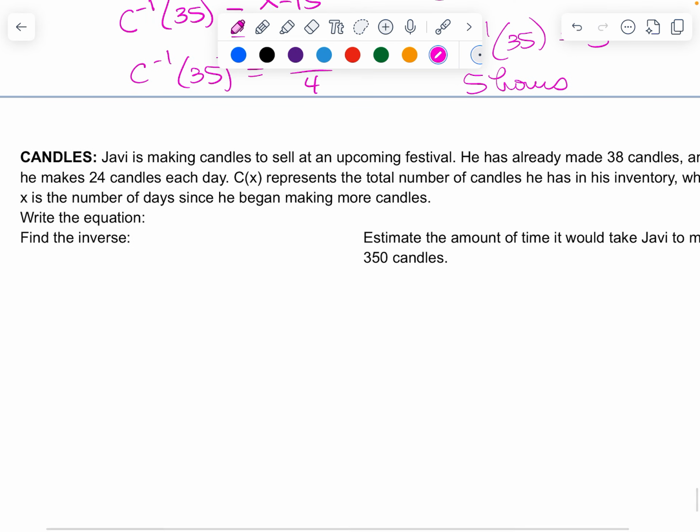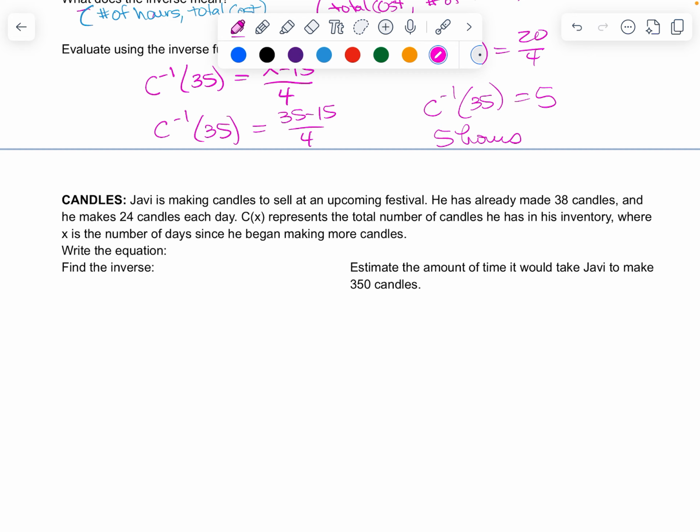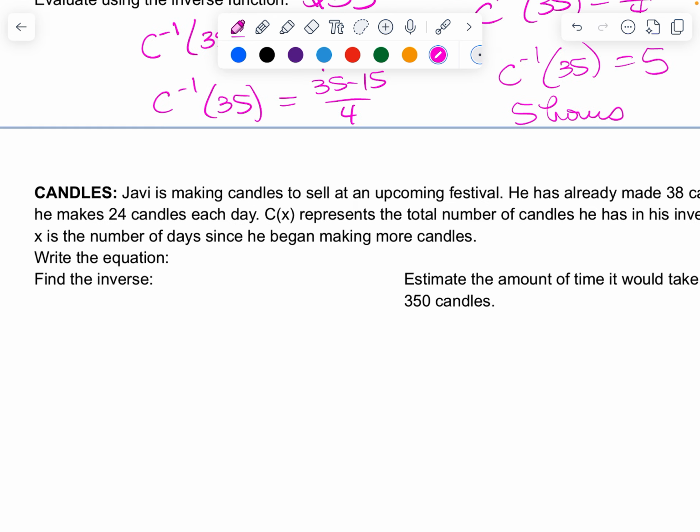So here we go. Javi is making candles to sell at an upcoming festival. He has already made 38 candles, and he makes 24 candles each day. C of X is the number of candles he has in his inventory, where X is the number of days.